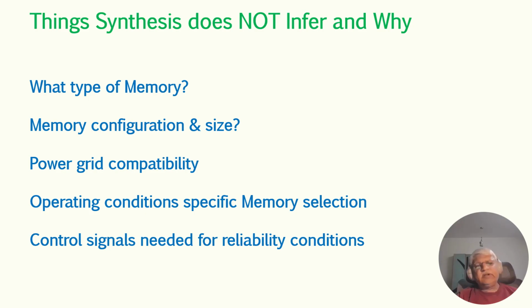Now that we have understood different types of memories, how they function, why they are needed, and what type of controls they have, all these things briefly, of course, that is one reason the synthesis tool has to consider all these possibilities: what type of memory, primary memory or secondary memory, and in primary memory whether it is SRAM, DRAM or ROM.